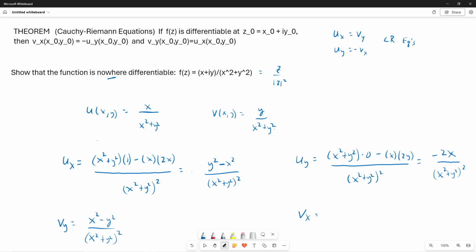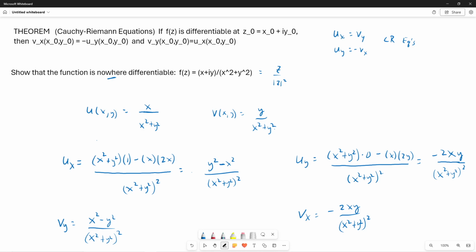And I'm going to guess that v_x is, this actually should be 2xy, I missed the y when I was having my cursor issues, so it's going to be negative 2xy divided by (x² + y²) squared. Okay, so those are our partial derivatives.